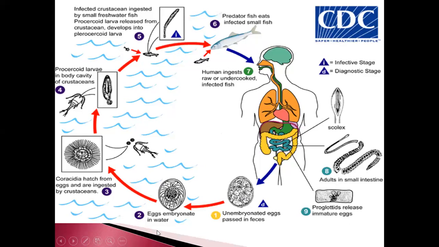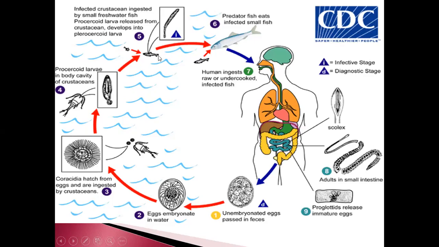Once they reach the fresh water, the eggs embryonate, and then these are taken up by the crustaceans, or copepods. These copepods develop the procercoid larva in their body cavity.